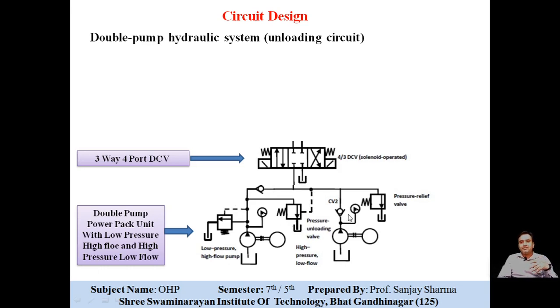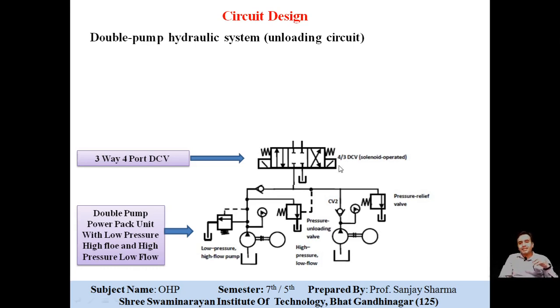In the second case, if we see here the pressure relief valve, it is high pressure and low flow. So when the punching operation is happening, the high pressure is generated. As soon as the operation is finished, high pressure should be immediately reduced and flow should increase so that the punch can move up or travel very fast as earlier and again come back for the next stroke.